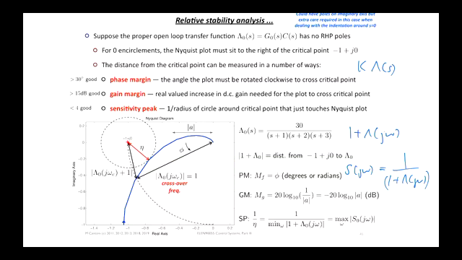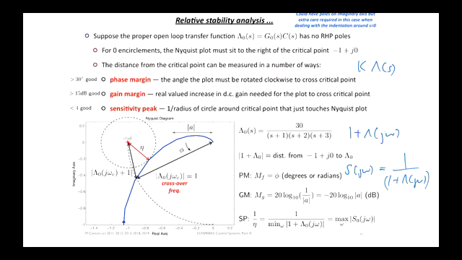And if the closed loop system has a pair of poles on the imaginary axis and we kick it, it will respond in an oscillatory fashion, and those oscillations won't even die away, right? So intuitively, if you're very close to the critical point -1, then you'll end up with closed loop poles that are close to the imaginary axis.